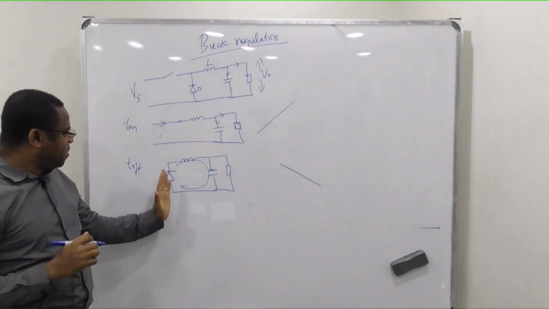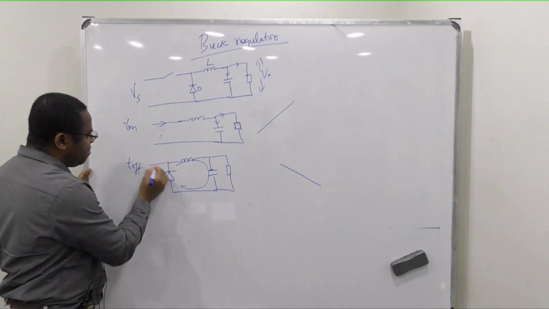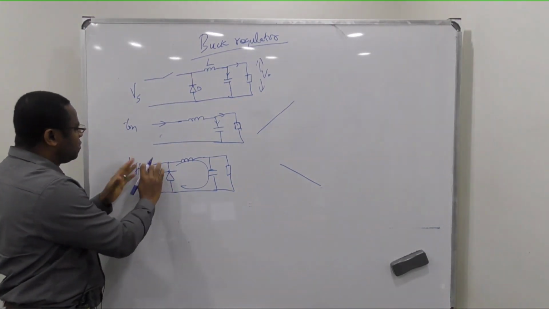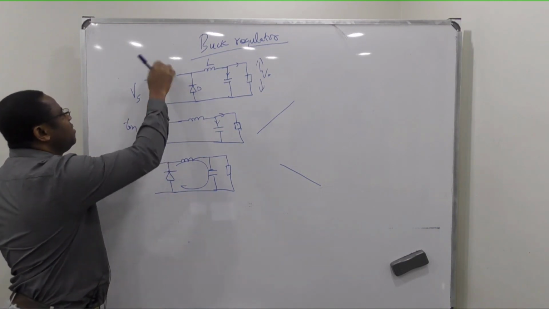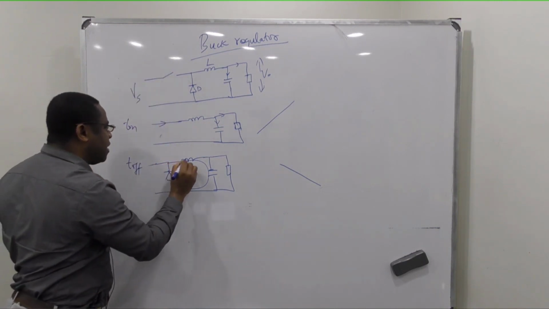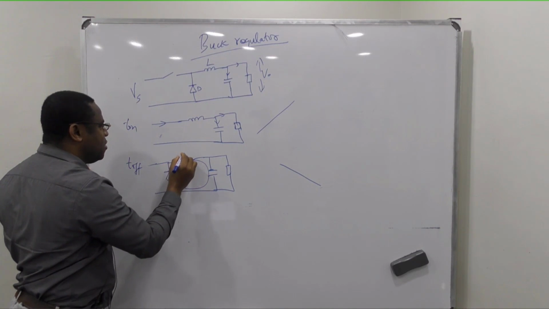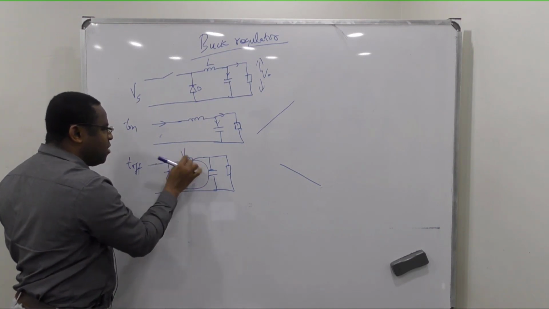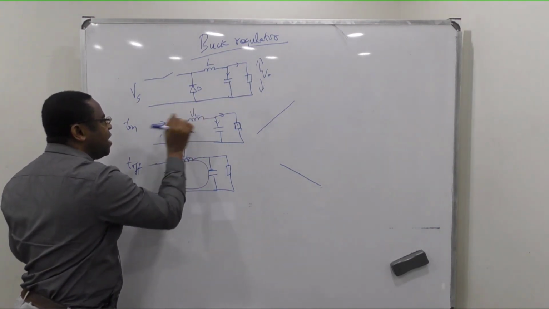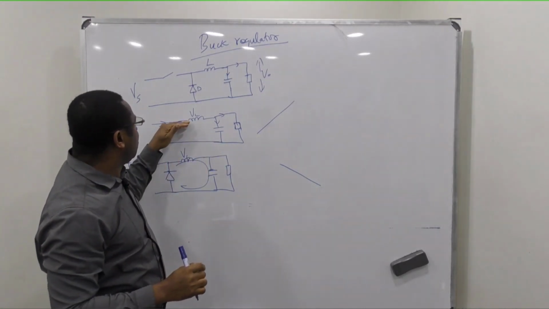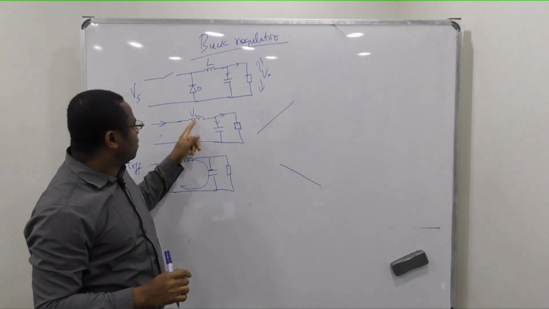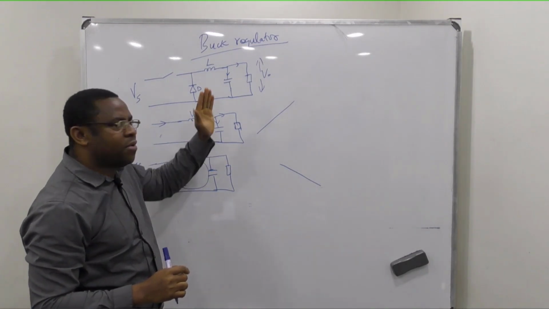So this will now be a typical equivalent circuit. Here the switch is open, so you don't see anything there. We're only looking at what is happening here on the inductor. Immediately you close the switch, the current flows through the inductor, so there's going to be a current build up.